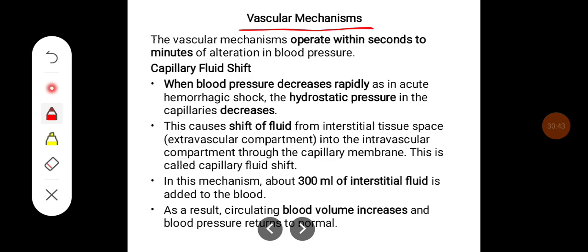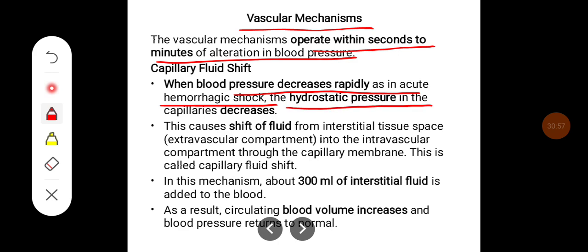Vascular mechanisms. The vascular mechanisms operate within seconds to minutes in alteration of the blood pressure. Capillary fluid shift mechanism. When blood pressure decreases rapidly, as in acute hemorrhagic shock, the hydrostatic pressure in the capillary decreases. This causes shift of fluid from interstitial tissue space into the intravascular compartment through the capillary membrane, and this is called capillary fluid shift mechanism.